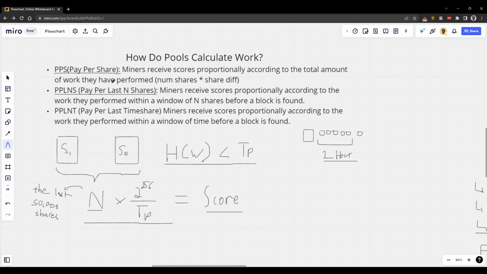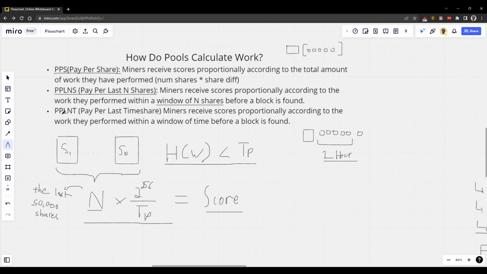For PPLNS, the only shares considered valid are those within the last n shares made by the mining pool. A common value for n is 50,000. If your shares are not within the last 50,000 submitted to the mining pool, they won't be used inside the share processing algorithm. We call this a window of n shares.